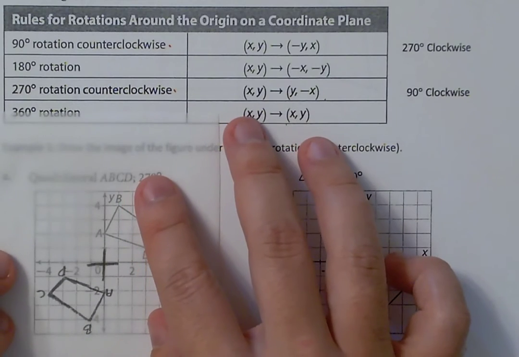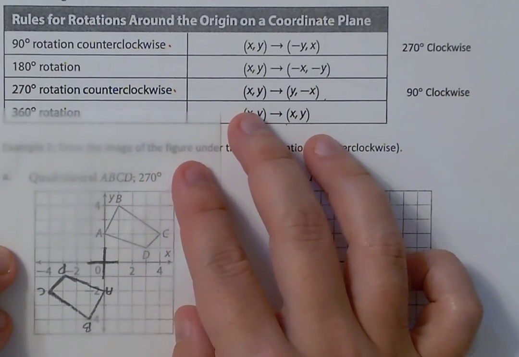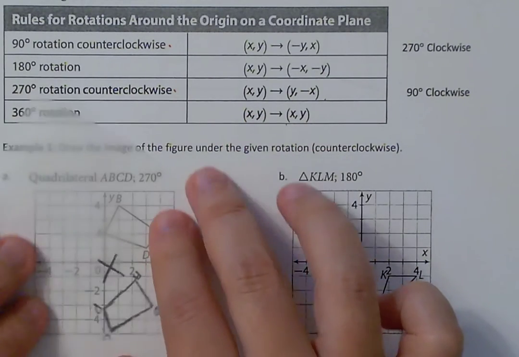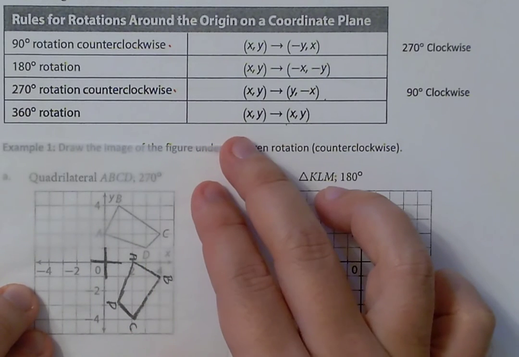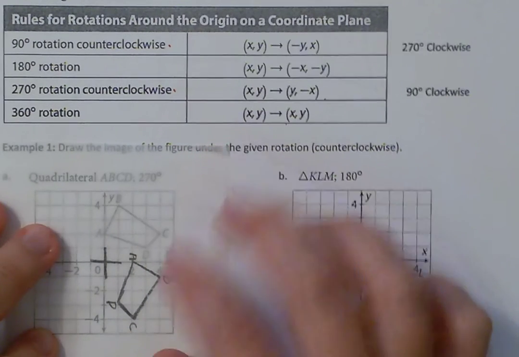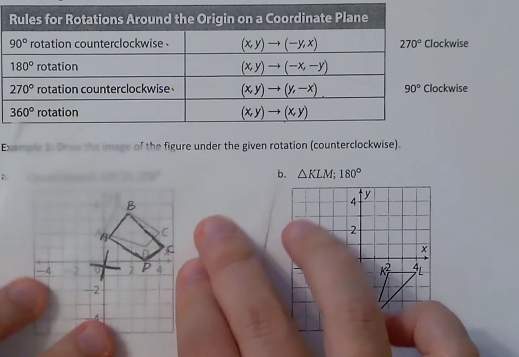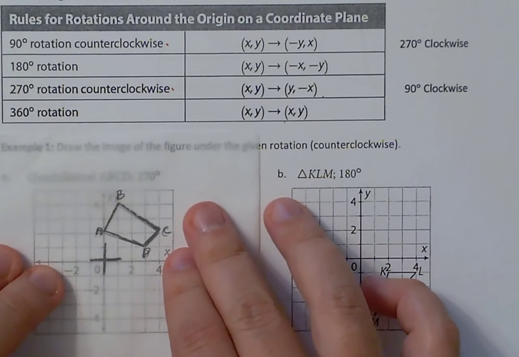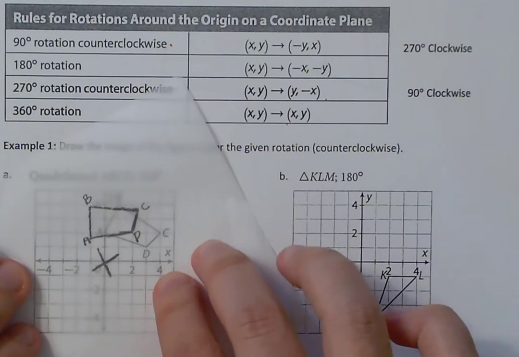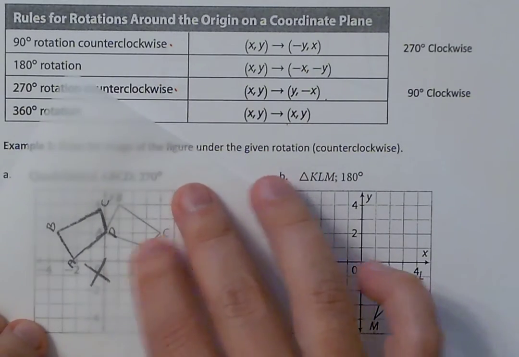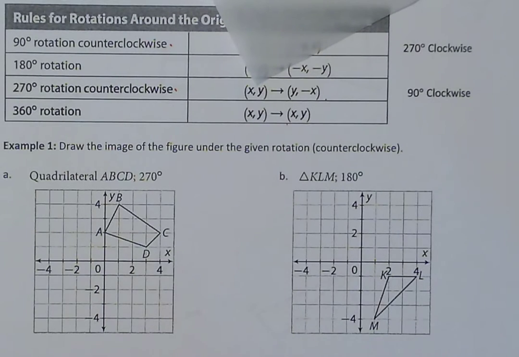180 is going to end up there, and then 270 ends up right there. Now, if we're talking 360, 360 just means we end up at the same point, back to there. But counterclockwise, you're going to move in a leftward direction around, so that means I'm going to move in this direction.